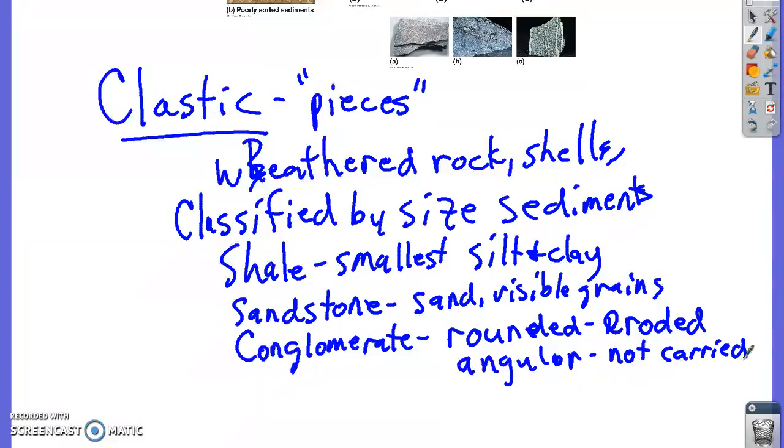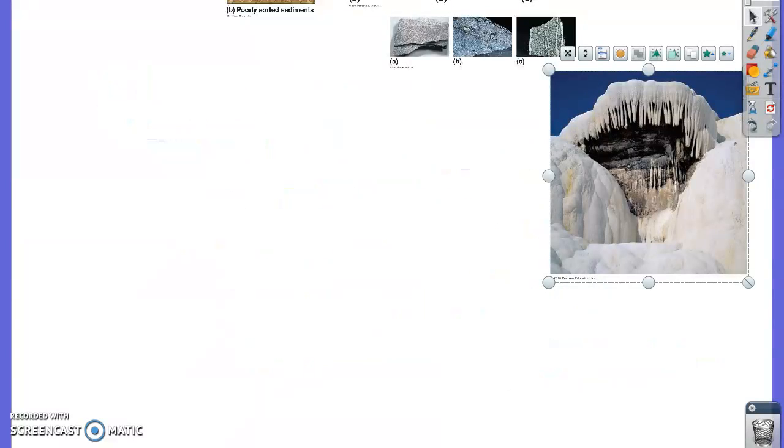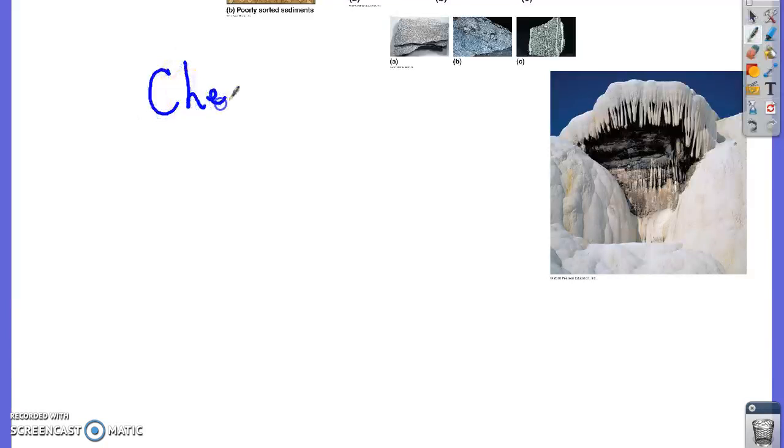All right. So since sedimentary rocks are made of sediments, it makes sense that a lot of them are these clastic rocks. Now the other group of rocks would be chemical rocks, chemical sedimentary. Chemical sedimentaries are primarily ones that have formed from precipitated minerals.